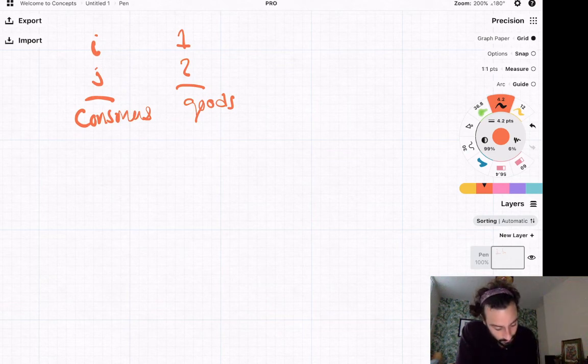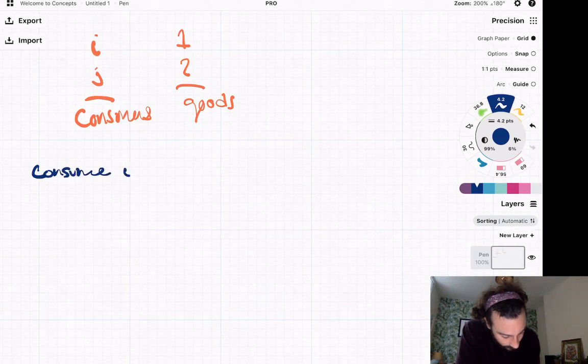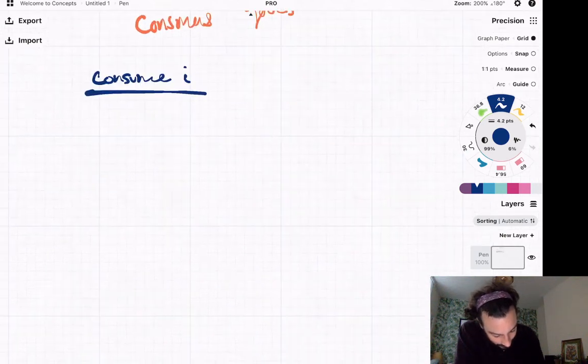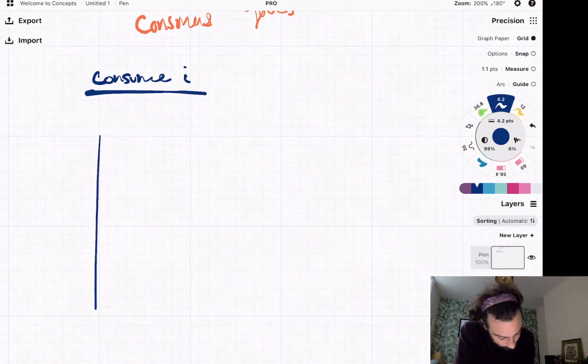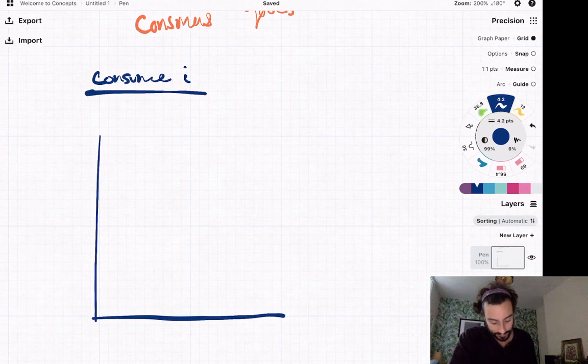So let's take consumer I. Consumer I has a preference over the two goods. This is good 1, so x1, and this is good 2, x2. And here is the point 0, 0, right? This is if she has 0 amount of both goods.